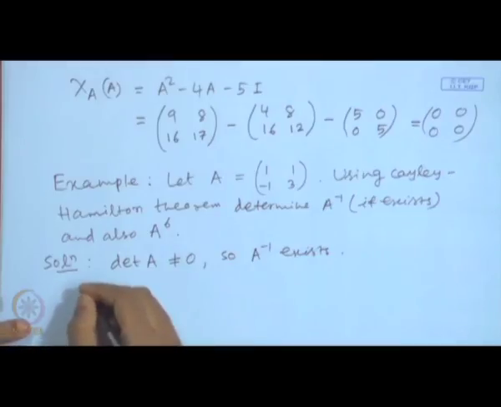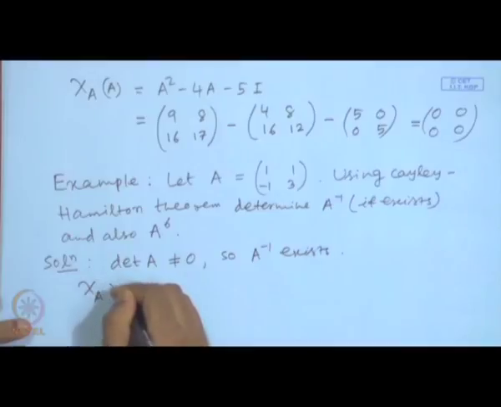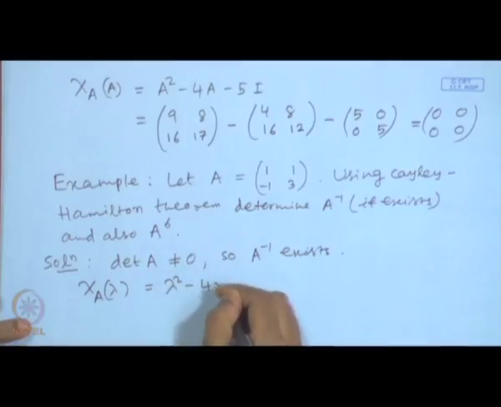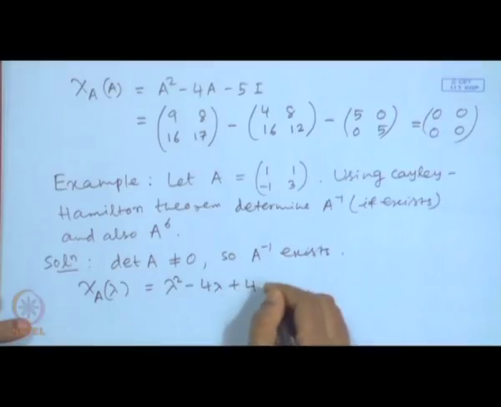Here the characteristic polynomial of this matrix A is lambda square minus 4 lambda plus 4.